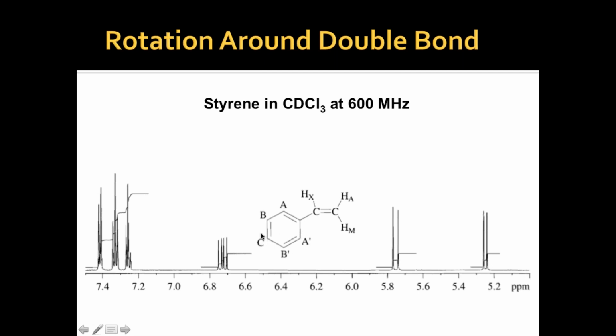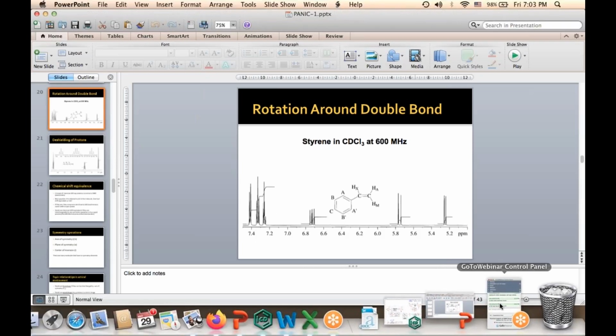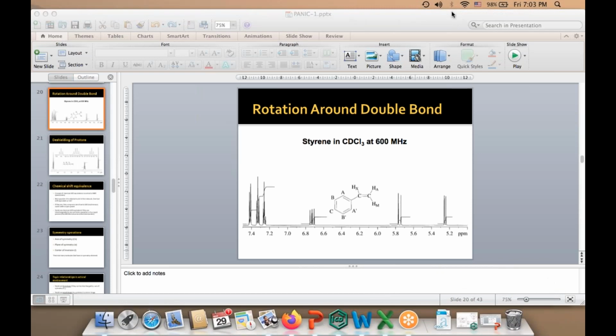So C will show a triplet, or 3 peaks somewhere. B prime will be a multiplet. A prime is somewhat a doublet or somewhat a triplet. It will be a mixture because it's hard to say what kind. So generally, aromatic protons mostly show multiplets.